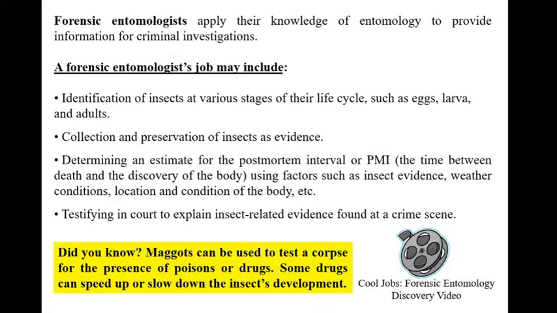So the first job for a forensic entomologist, or the investigator, will be to look for a particular type of insect which is generally seen near dead and decaying matter, that is, near a dead or decomposing body. His job will be to identify that insect and the particular stage of its life cycle.